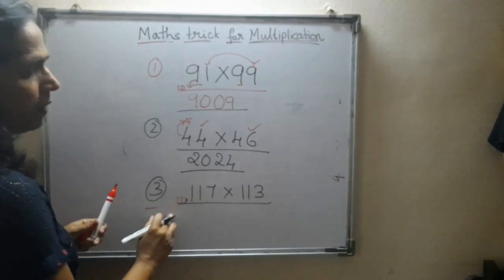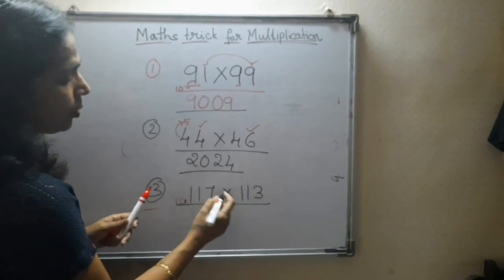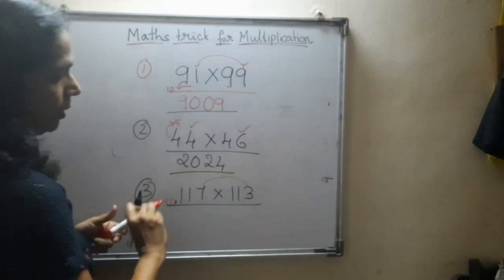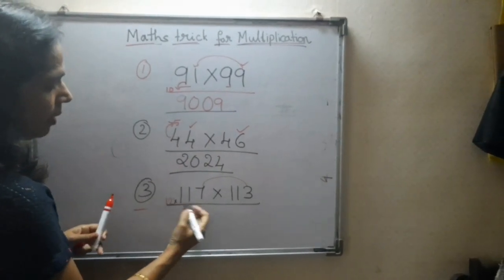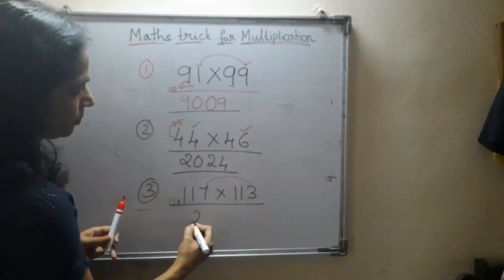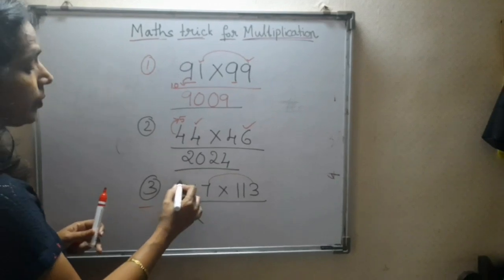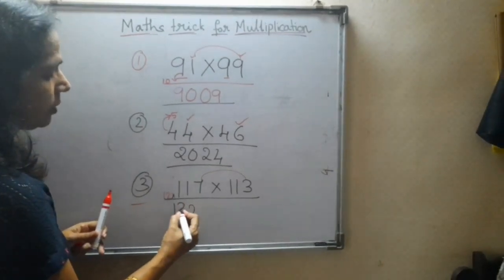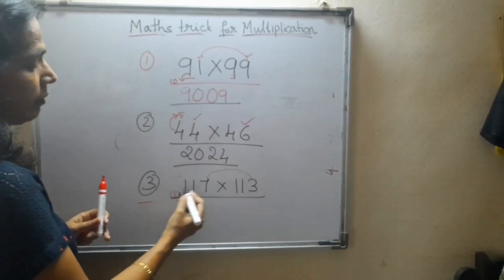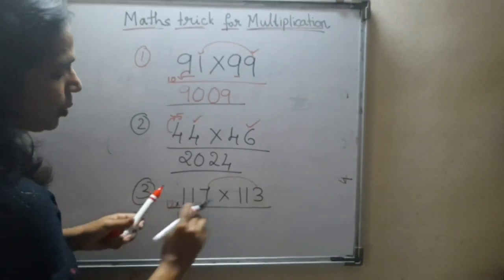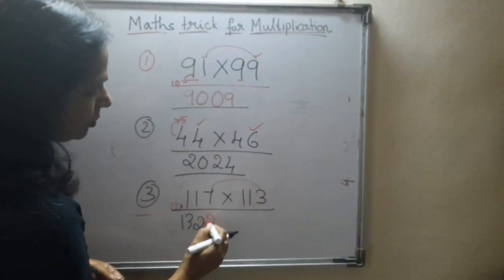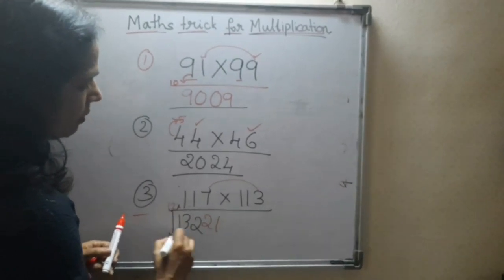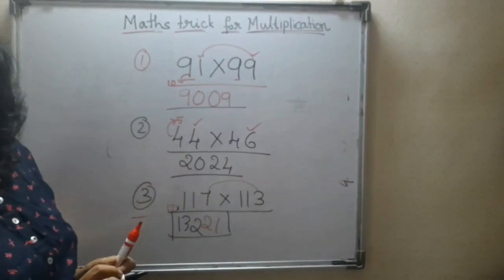Now 11 12s are, 12 ones are 12, 1 carry, 12 plus 1 is 13. So 11 12s are 132. And 7 into 3 is how much? 21. So this is our answer.